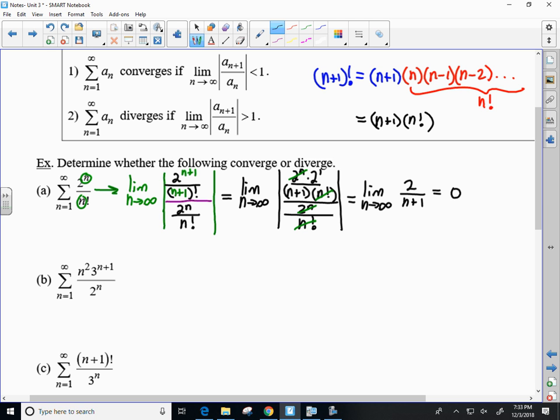Fun fact, 0 is less than 1. So we now know, therefore, the series in its original form, 2 to the nth over n factorial, converges by the ratio test.